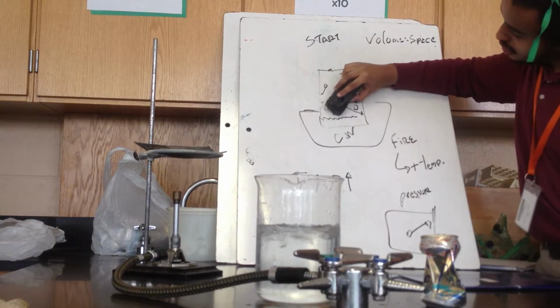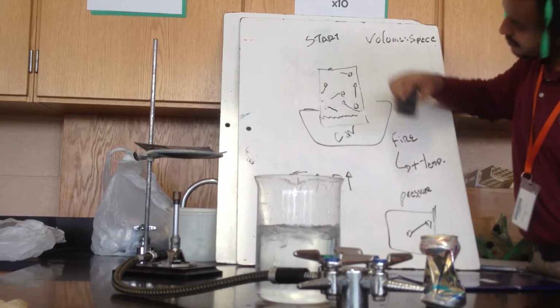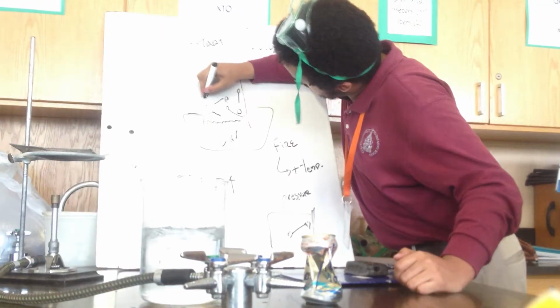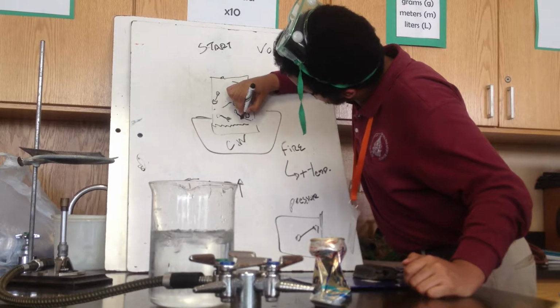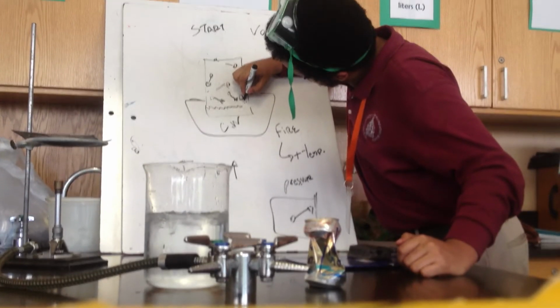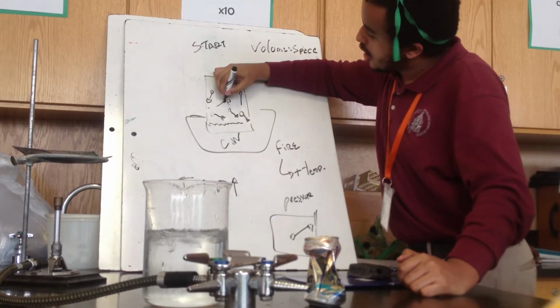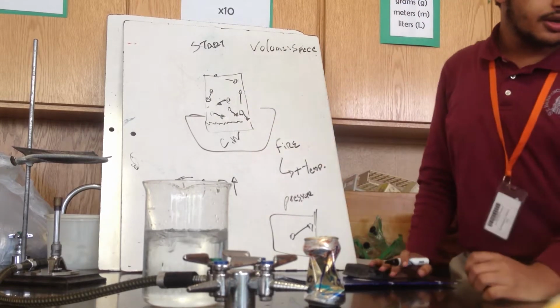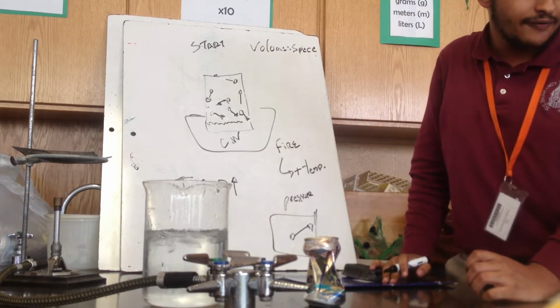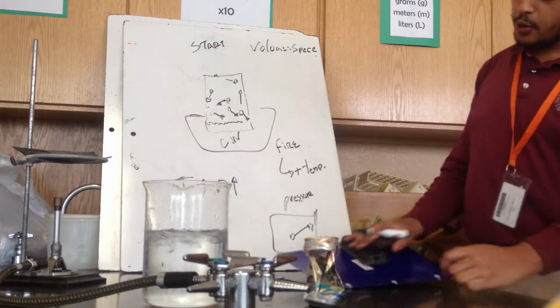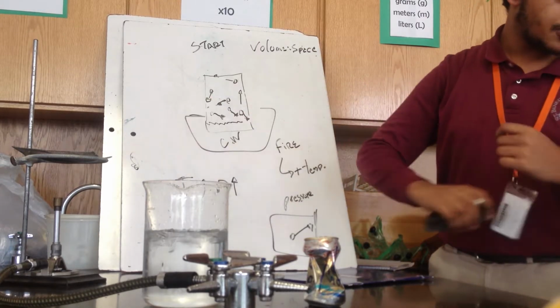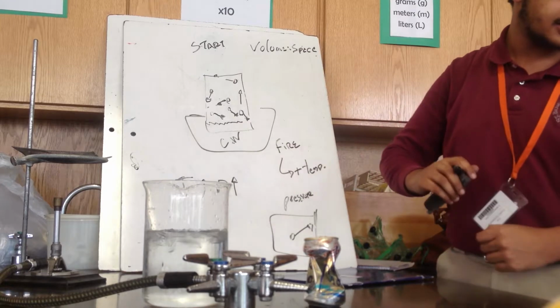So is there more pressure or less pressure? Why? Because they're moving slower. So this is how they move. When they start to move slower, they create a vacuum. You know what a vacuum is? It's a free space. When they were moving fast, they were filling the main space.